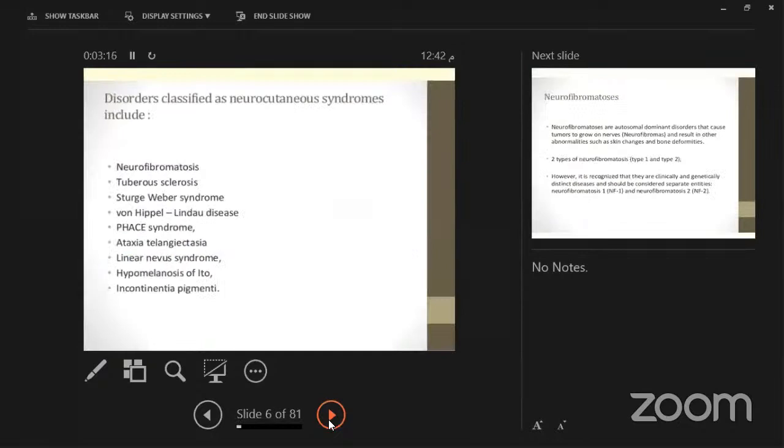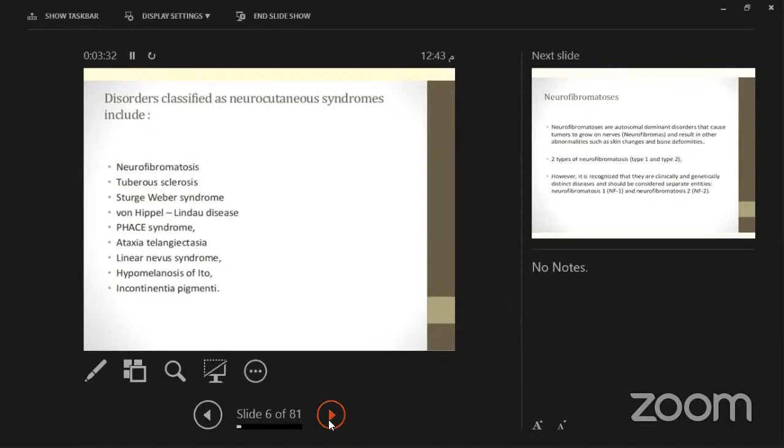Disorders classified as neurocutaneous syndromes include neurofibromatosis, tuberous sclerosis, Sturge-Weber syndrome, von Hippel-Lindau disease, ataxia telangiectasia, linear nevus syndrome, hypomelanosis of Ito, and incontinentia pigmenti.